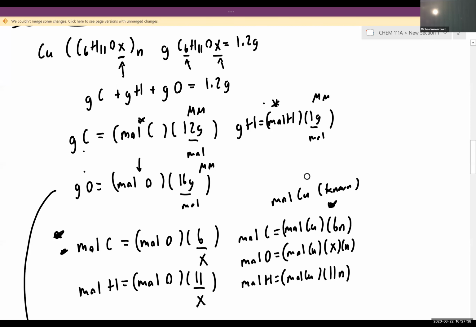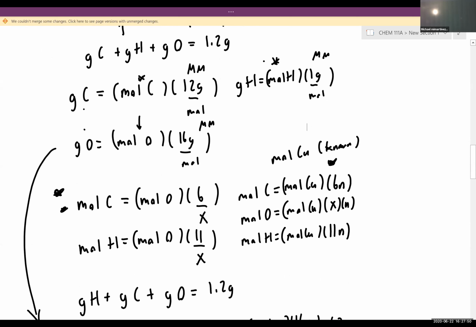That much is established. Now, we can rewrite each of these equations in terms of the moles of oxygen, or the moles of carbon, whatever we prefer. Just something we can do looking at this equation.